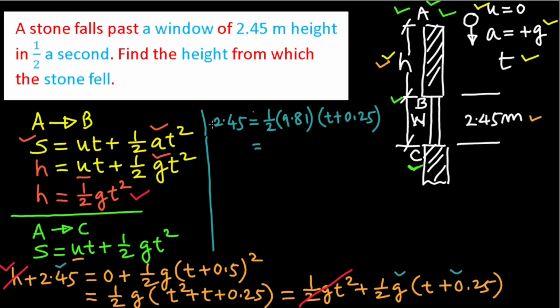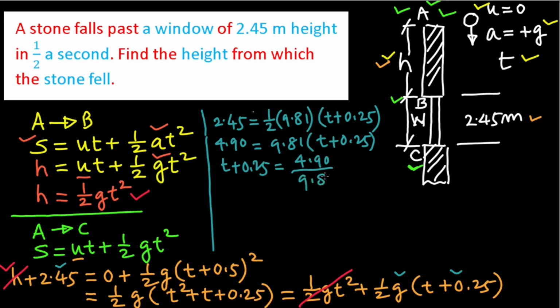We will cross multiply. 2.45 multiplied by 2 will be 4.90 into 9.81 times t plus 0.25. So t plus 0.25 equals 4.90 by 9.81, which will be 0.5.